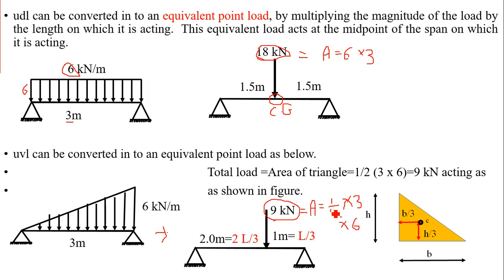So half into 3 into 6, you get 9 kilonewton. So the value of the point load is again equal to the area and the location of the load is equal to the CG.